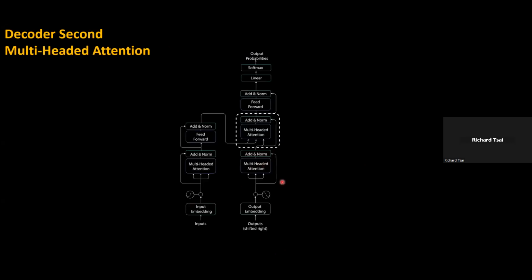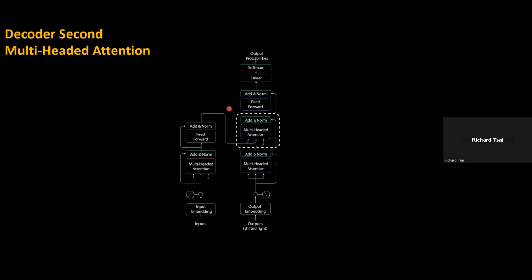So now we have explained what we get here, and now let's delve into the details of the decoder's second multi-headed attention.